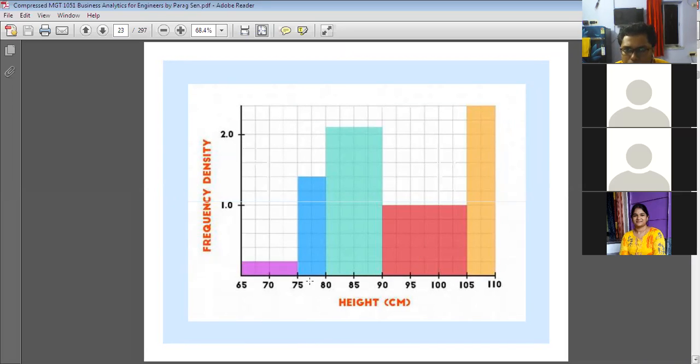So automatically you can understand that the frequency is actually represented by the area itself. From 65 to 70, for example, from 75 to 80, you can count 1, 2, 3, 4, 5, 6, 7, 8, 9, 10, 11, 12, 13, 14.